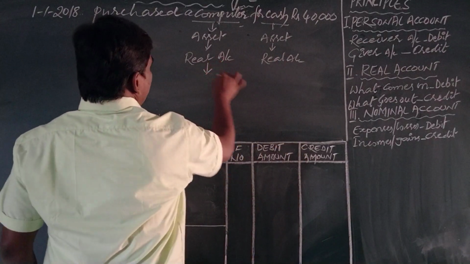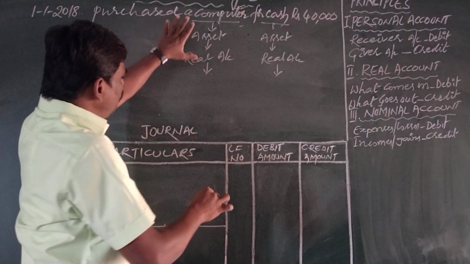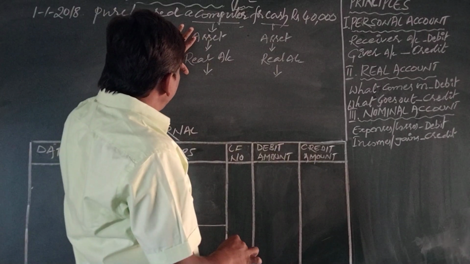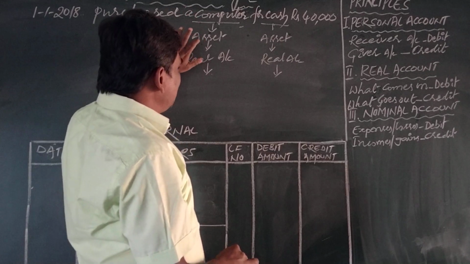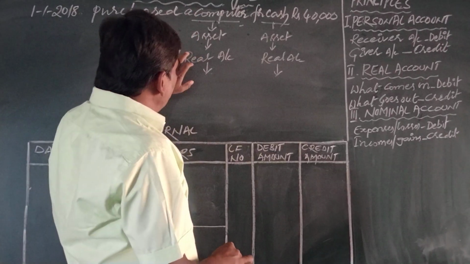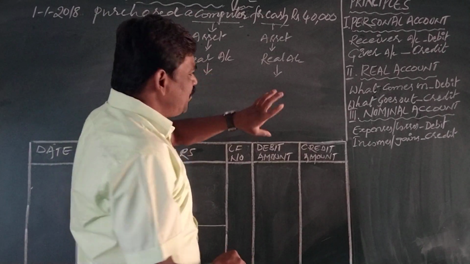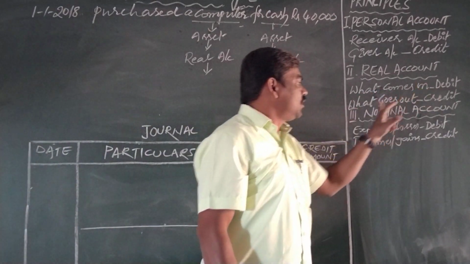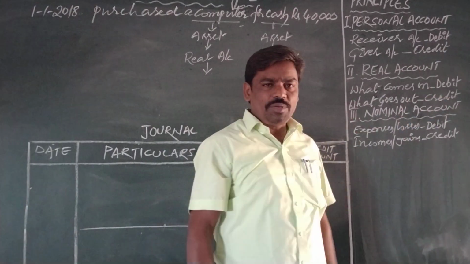Next step. First let us complete the computer aspect. Computer is an asset. Asset comes under real account. Real account has a principle. What is the principle? What comes in should be debited, what goes out should be credited.